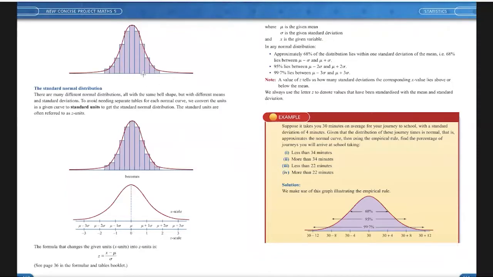It's probably why there's so much statistics developed around it, because an awful lot of things in life fit this normal distribution curve, also called the bell curve.